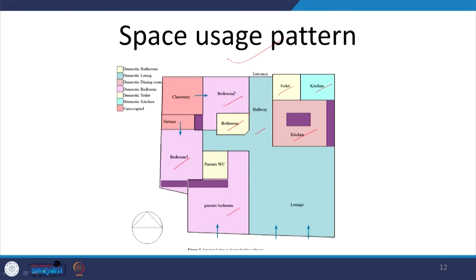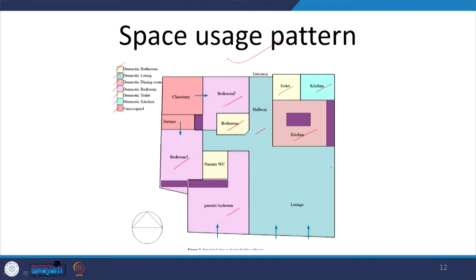Depending upon the usage assigned to a space, the energy consumption would vary, the density of people would vary, the occupancy pattern through the day would vary, and each of these would be accounted for, contributing towards the energy consumption pattern.